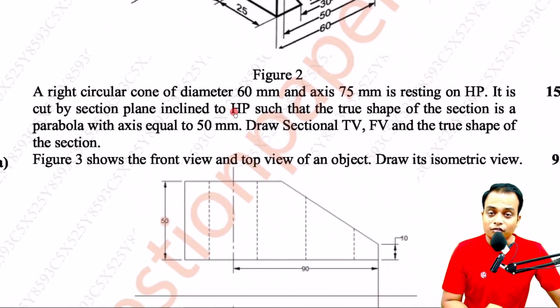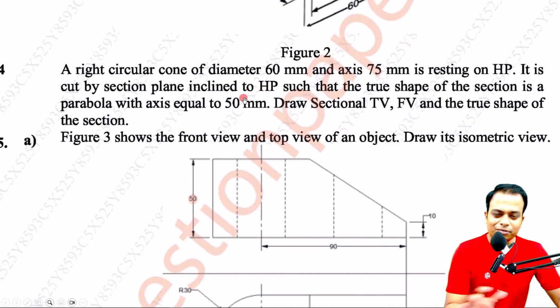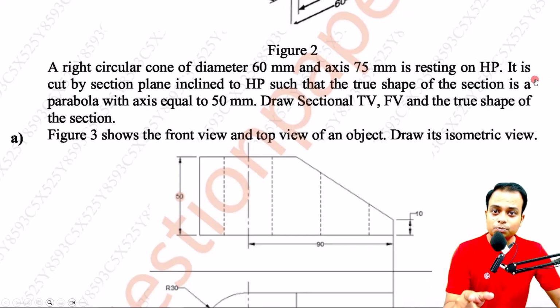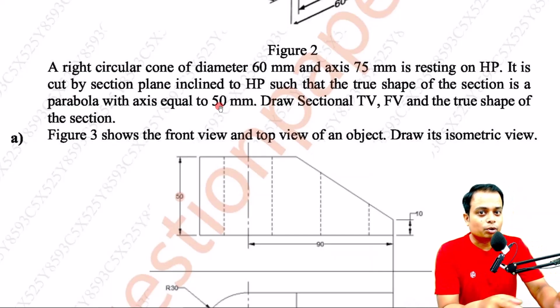Rather, we've been informed that whatever the inclination is, it is with the HP, but the true shape corresponding to that section happens to be a parabola having a length of axis as 50. This is wonderful information, and we can reverse engineer and get to the actual location of the cutting or section plane.